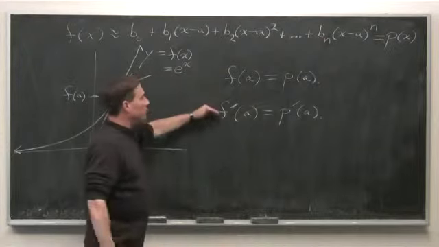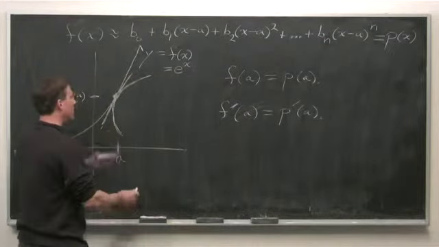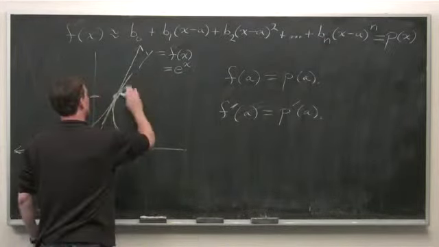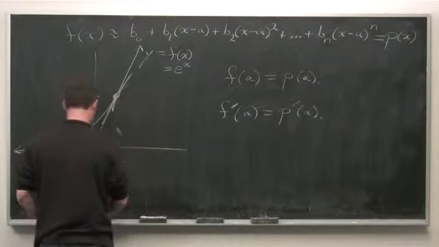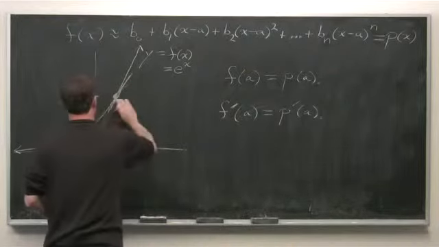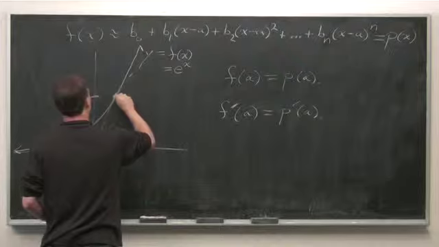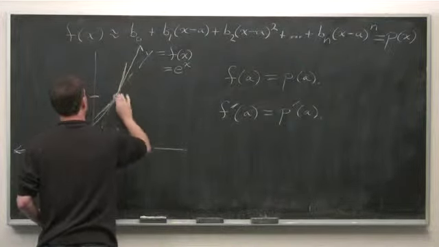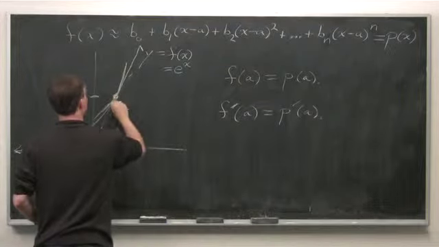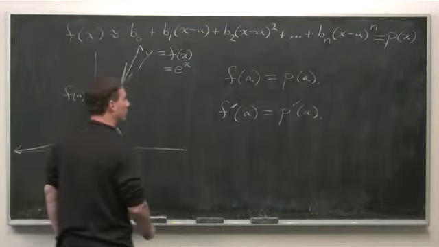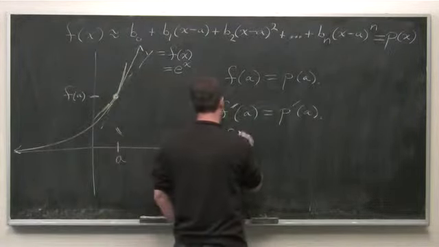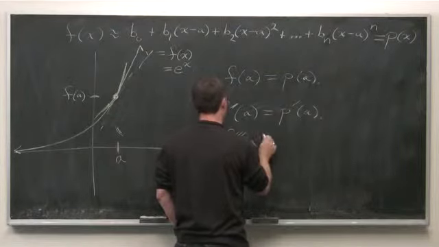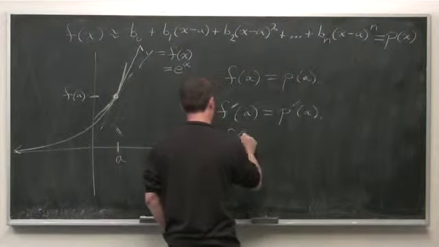We also want the first derivatives to be the same at a, but then we'd like the concavity to be the same. So we'd like for this to curve the same way, so that it has the same concavity, the same tangent line, and passes through the same point. But that means we'd like for the second derivatives to be the same at a.